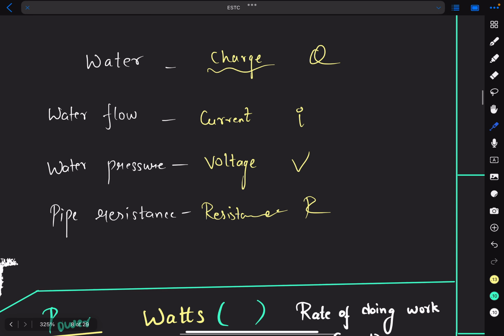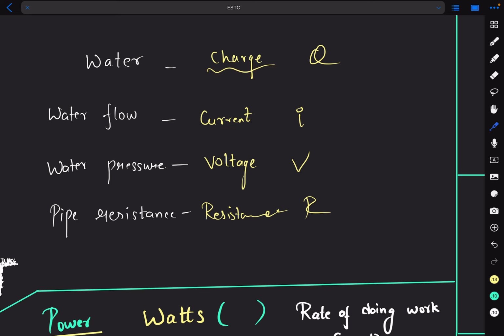First, assume water and a water tank. Water inside the water tank, you assume it as charge. Water flows inside the tank the same way charge flows inside the wire. The flowing of charge, we call it current. There is a pressure inside the water tank.